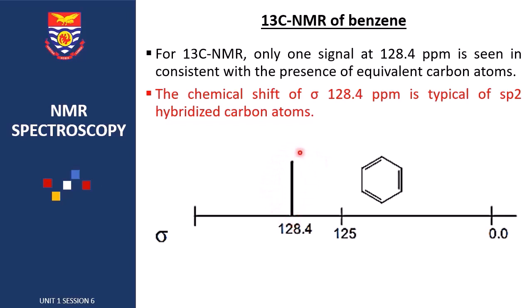So only one signal for the proton, only one signal for the carbon. Even though there are 6 carbons, carbon-13 NMR is not going to give us all 6 signals. It's going to give us just one, simply because all these carbons in the ring are equivalent, and all of them are sp2 hybridized.